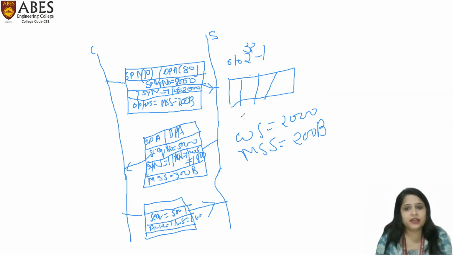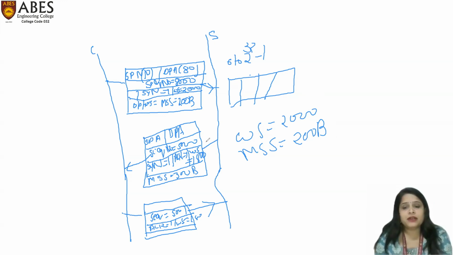If I'm talking about the data link layer, there we use the Ethernet frame for the transmission of data from sender to receiver, and the maximum frame size of Ethernet is less than 1500 bytes. So in that case, the maximum segment size is 200 bytes.